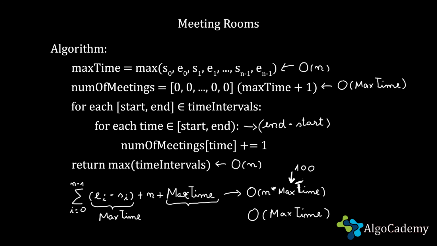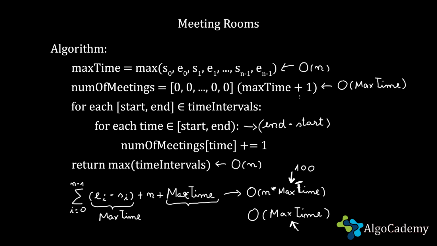An algorithm that makes n crossed 100 steps is a pretty big difference from an algorithm that makes like 2 crossed n steps. So the time complexity is still this one, but at least we have solved the memory complexity. And even more than that, we have an algorithm which can be implemented. We have a server, we have enough resources to hold an array or a list of 101 zeros.